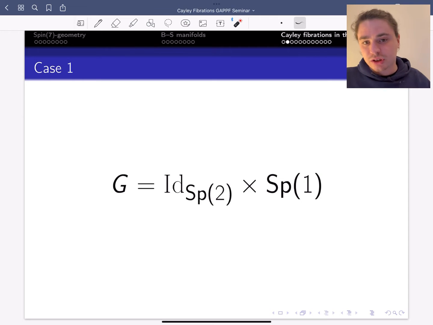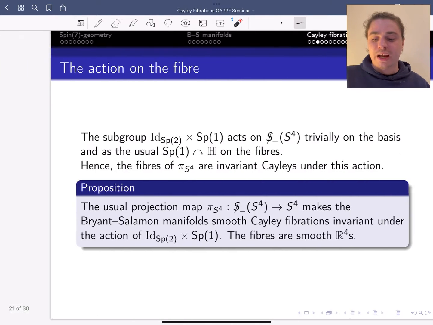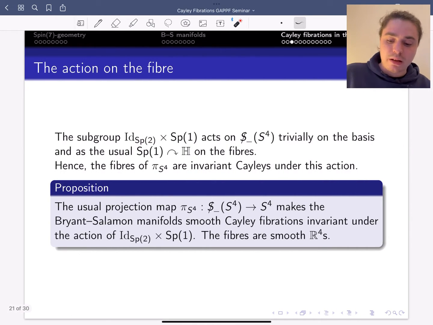So this action on the negative spinor bundle of S4 is trivial on the base and is the usual Sp(1) action on H on the fibers. So the fibers of the usual projection are invariant under this action, and as seen in the last lecture, they are also Cayley submanifolds.